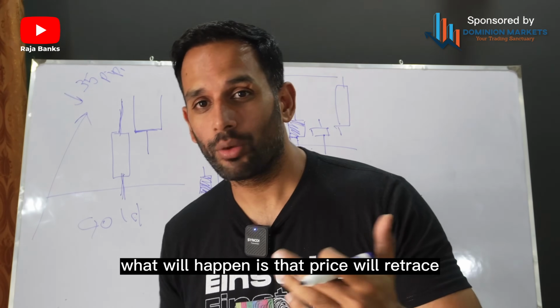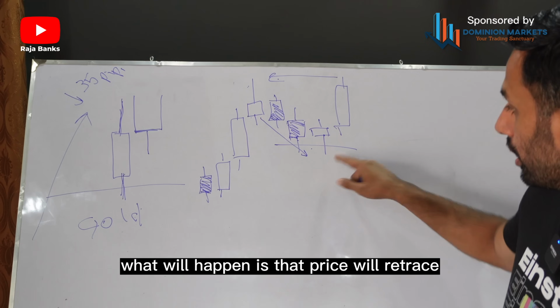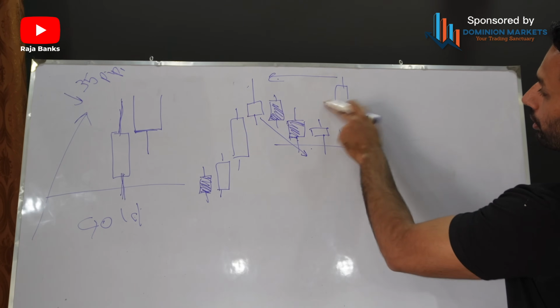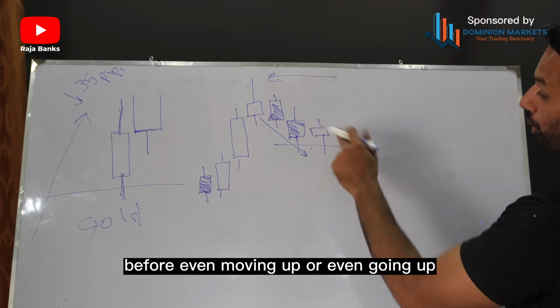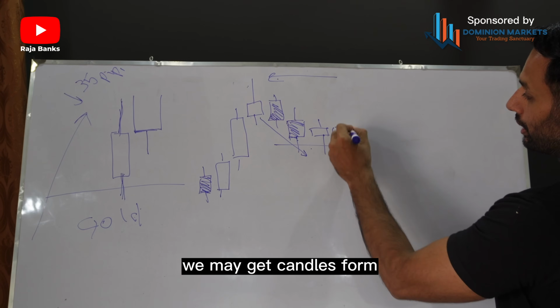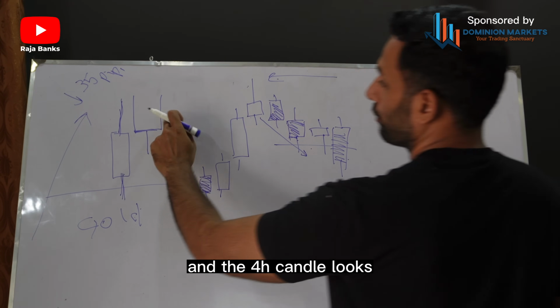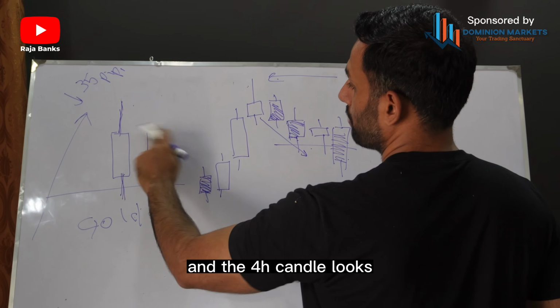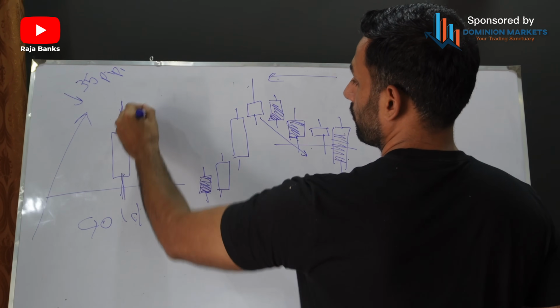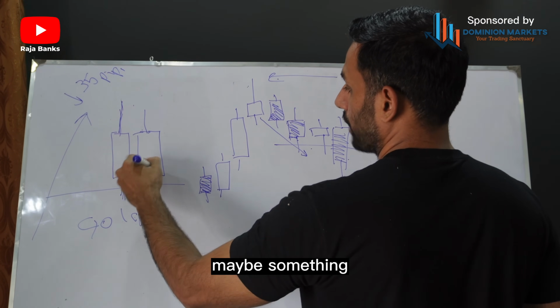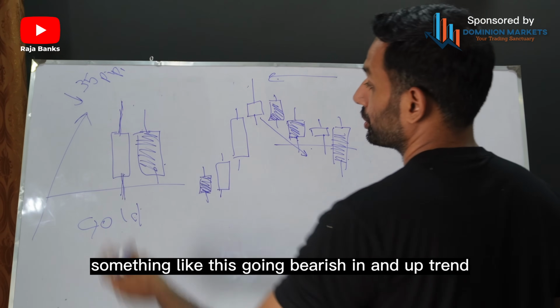There are moments when price will retrace and break this low before moving up. We may get candles form like this, and price starts to go down and the 4-hour candle looks something like this, going bearish in an uptrend.